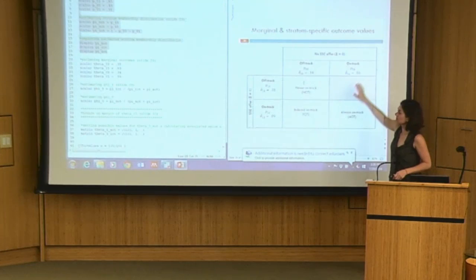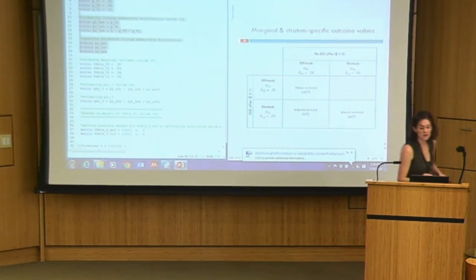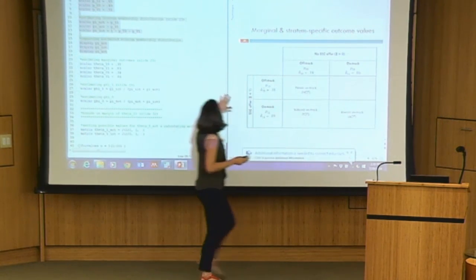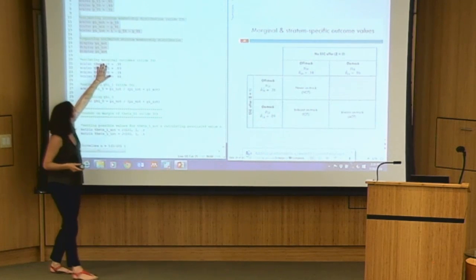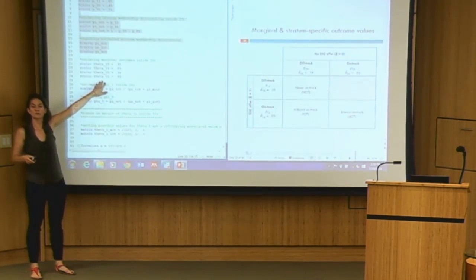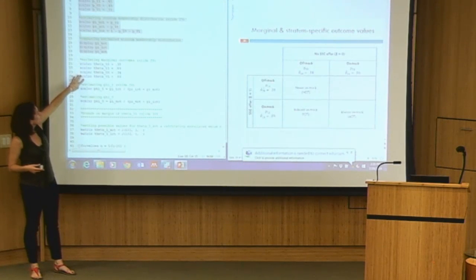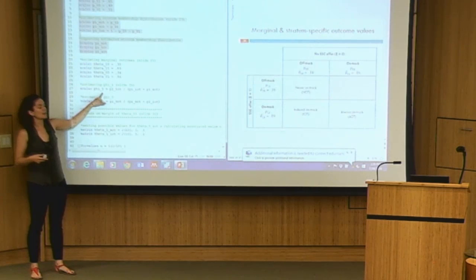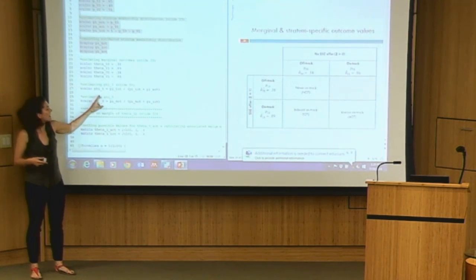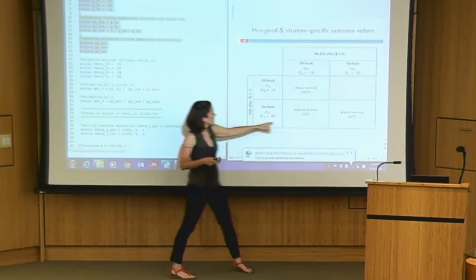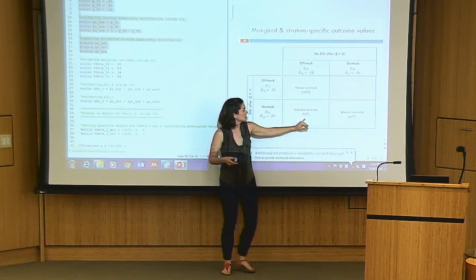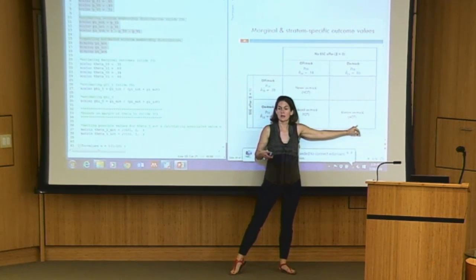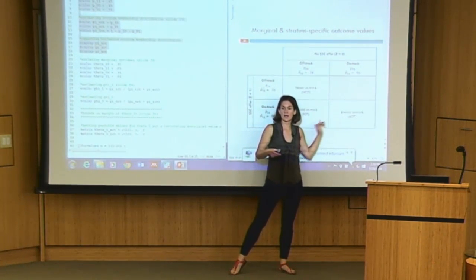In my Stata code, the next thing that I do is set the values of those marginal values. And the other thing I do, remember how we had that phi expression? Phi 1 was the ratio of induced on track over induced on track plus always on track, the pi's.